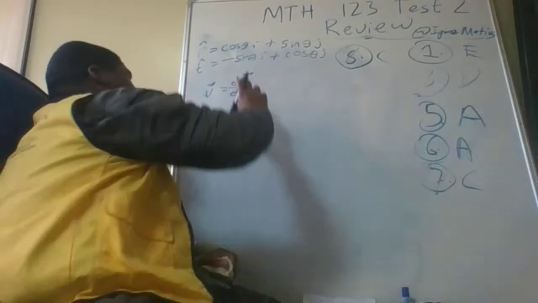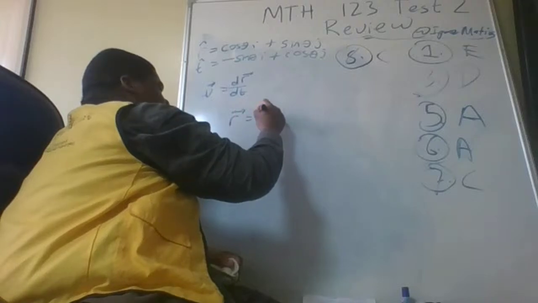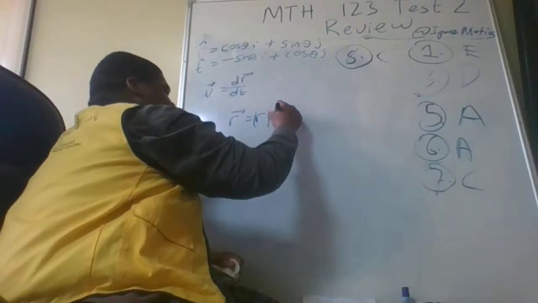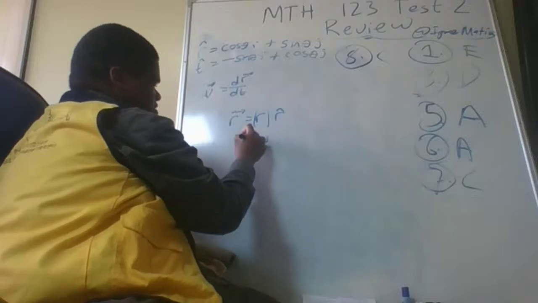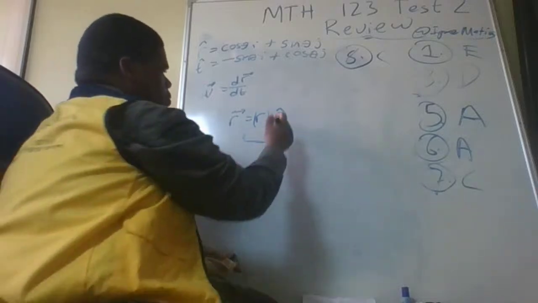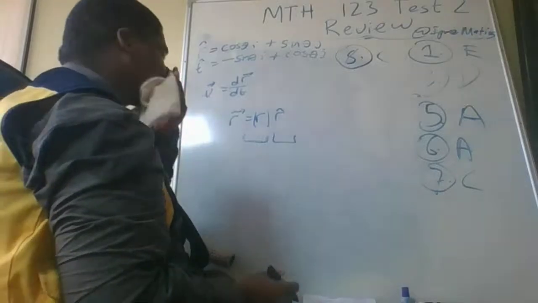Now this vector is equal to the magnitude of the vector times the unit vector. The magnitude gives us the length of the vector, while the unit vector gives us its direction.